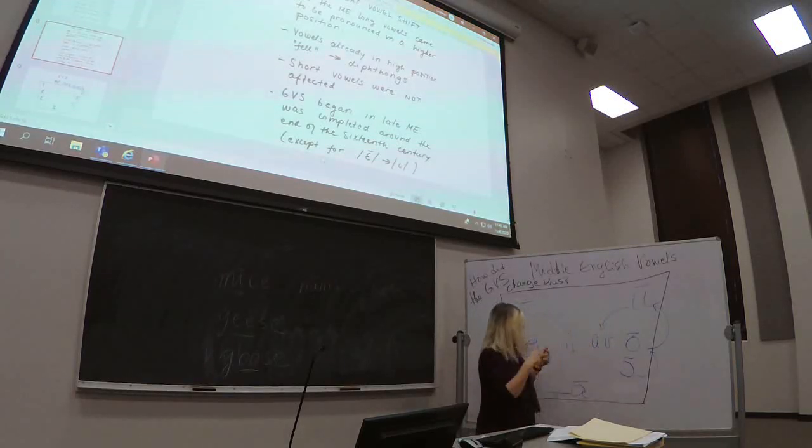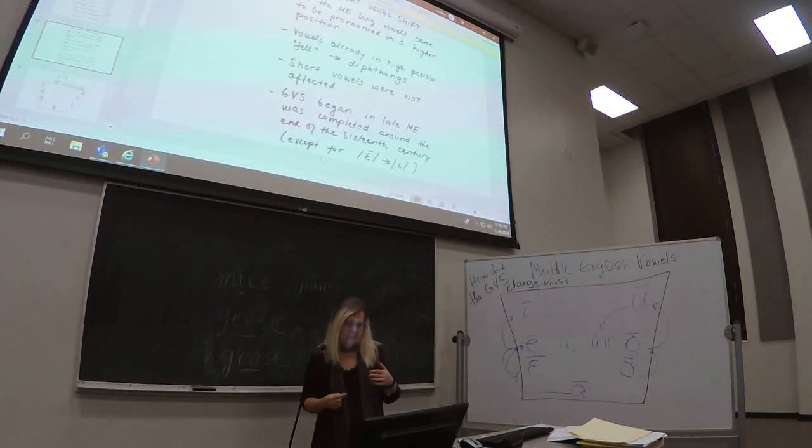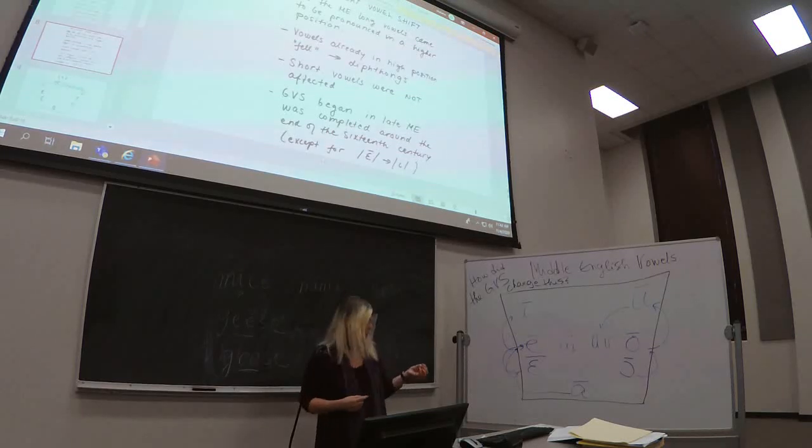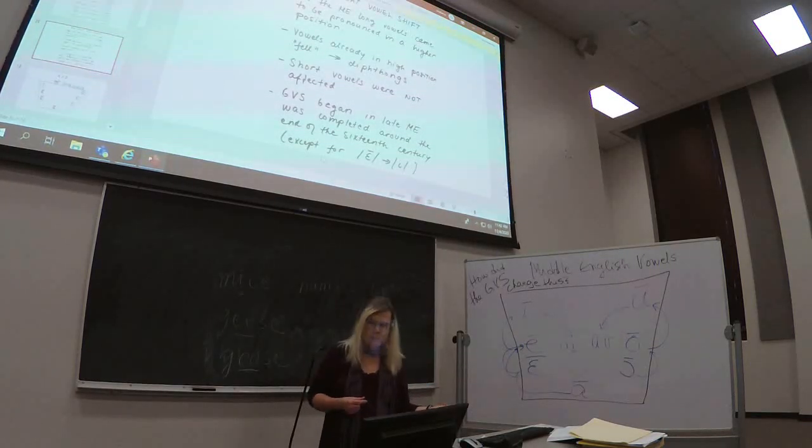So E became I and U became ow. And then the short vowels were not affected at all. They changed in some other ways, but they did not participate in the great vowel shift. That affected only long vowels.